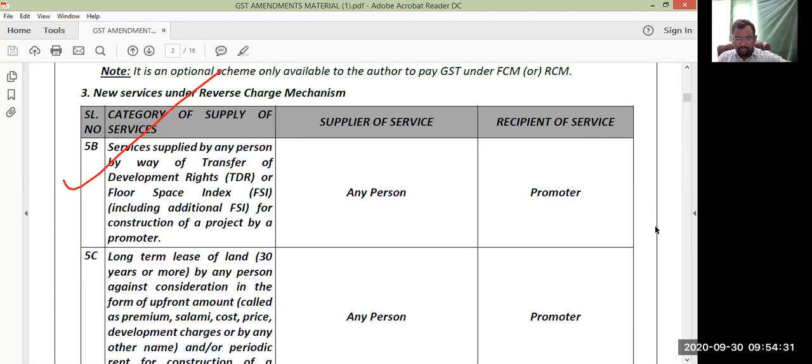Now, what is this new service and how is it going to be taxable under reverse charge mechanism? Let us see that.